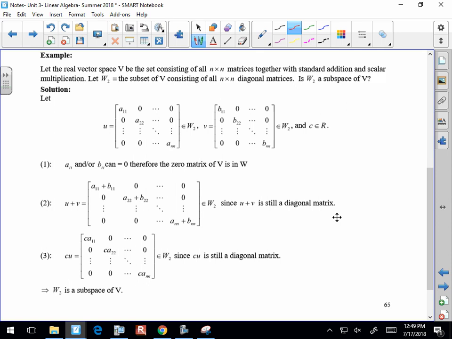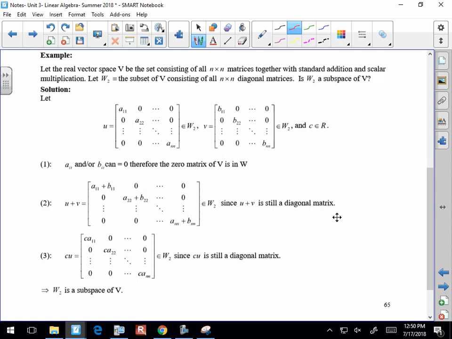All right, so you have all possible n by n matrices. That's my vector space. W2 is a subset with all diagonal matrices. And you can see it's diagonal. Everything off the diagonal is 0.